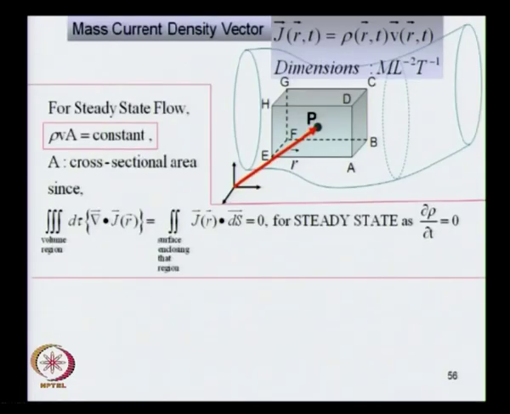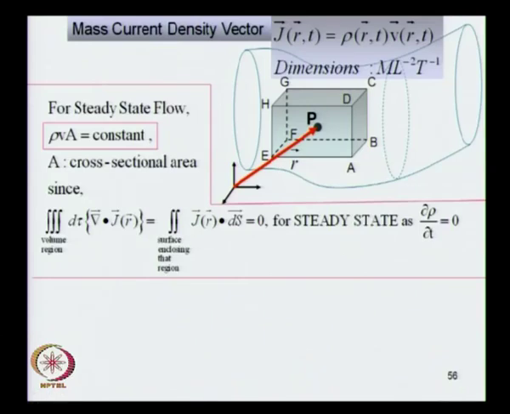In ordinary school books, this is often interpreted in terms of the work energy theorem, because what you do is, if you consider a rectangular parallelepiped in a medium through which fluid is passing, and then you apply the divergence theorem, that if you take the volume integral of the divergence of a vector, then it is equal to the surface integral of the vector taken over a closed surface, which encloses the corresponding region.